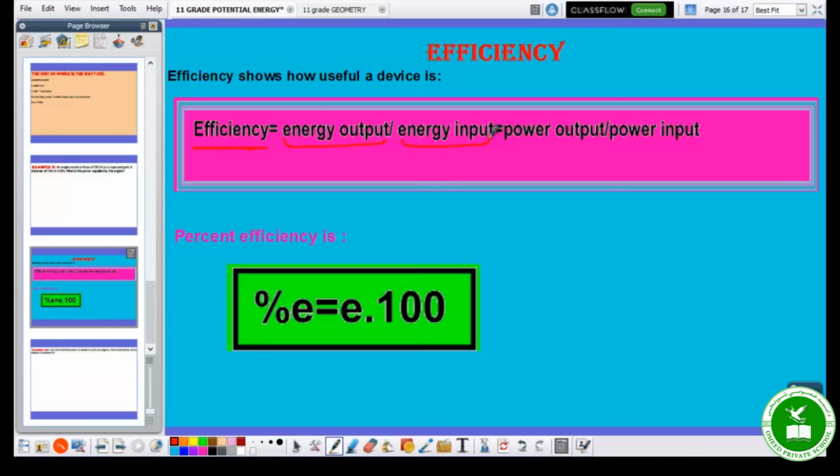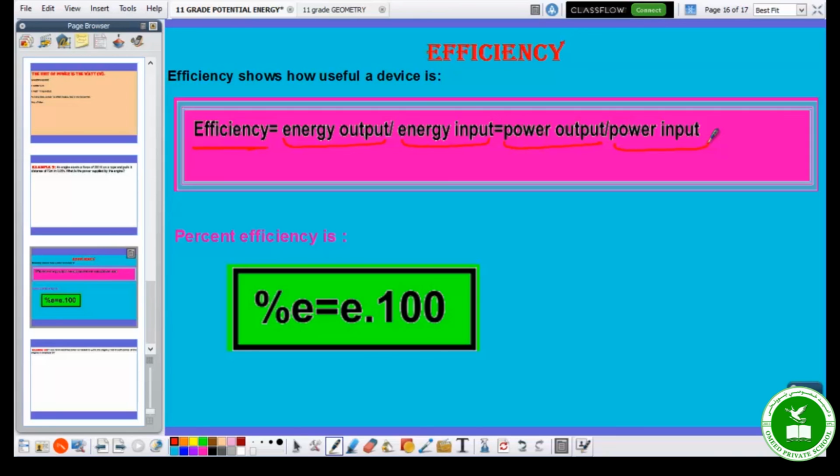Let's take the example of generators. To get electricity, what do we do? We just give petrol energy to generators. Now petrol energy is input energy, and the electrical energy which we get from the generator is output energy. Or we can calculate it another way, power output divided by power input.